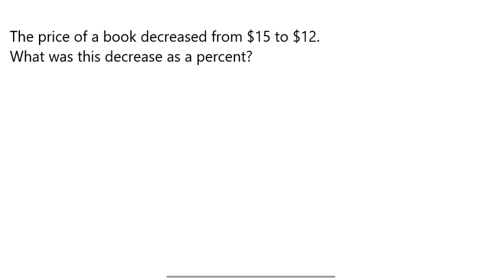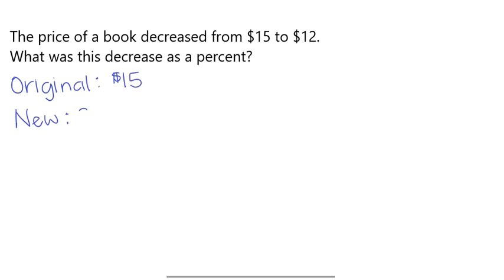So when we're solving problems like this, often it helps to pick out the information that we know. I would start by listing what the original price is, which in this case was 15. So I'm going to write the original price is $15.